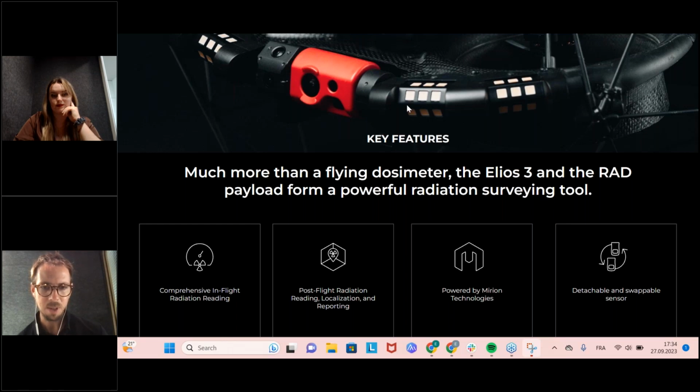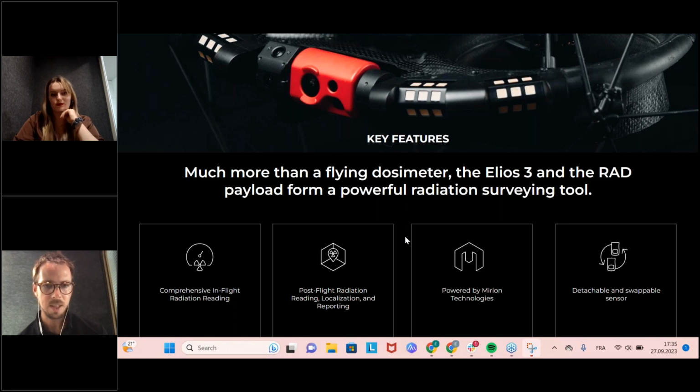We partnered with Mirion Technology, which is a leader in the RAD sensing space, and we use their main sensors coupled with the drone. It gives us the ability to couple the Elios 3's amazing flight capabilities and data localization with the radiation sensing capabilities of the Mirion sensor.